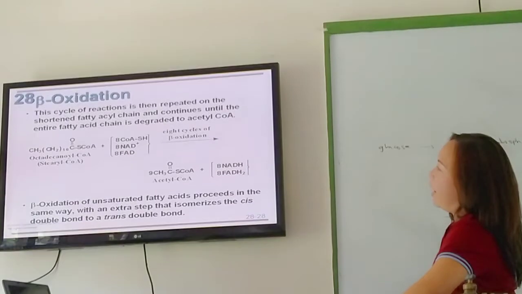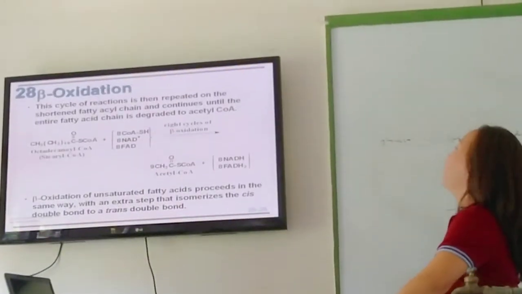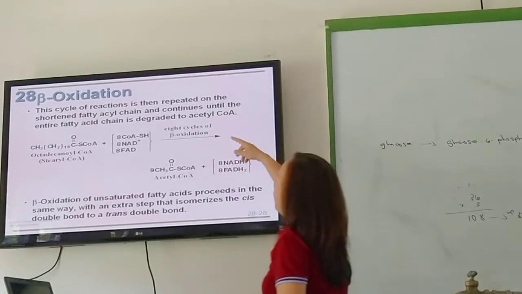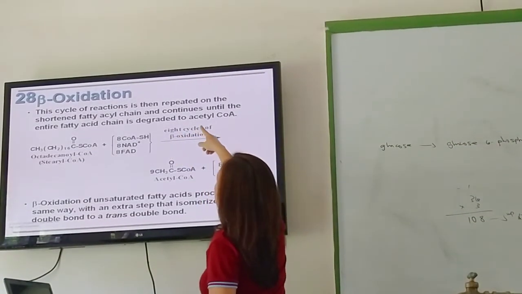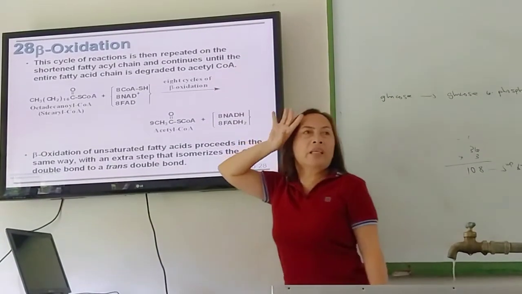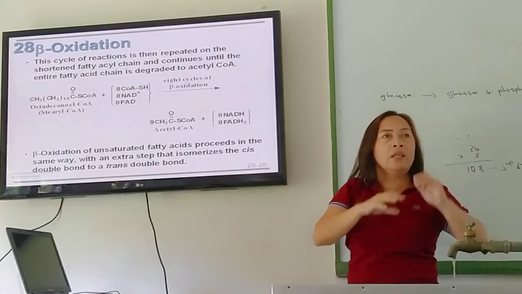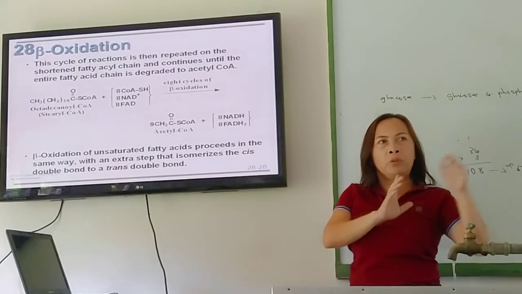This cycle of reactions is then repeated on the shortened fatty acid chain and continues until the entire fatty acid chain is degraded to acetyl-CoA. So the target is to degrade the entire chain of the fatty acid, for example C18, or carbon 18.